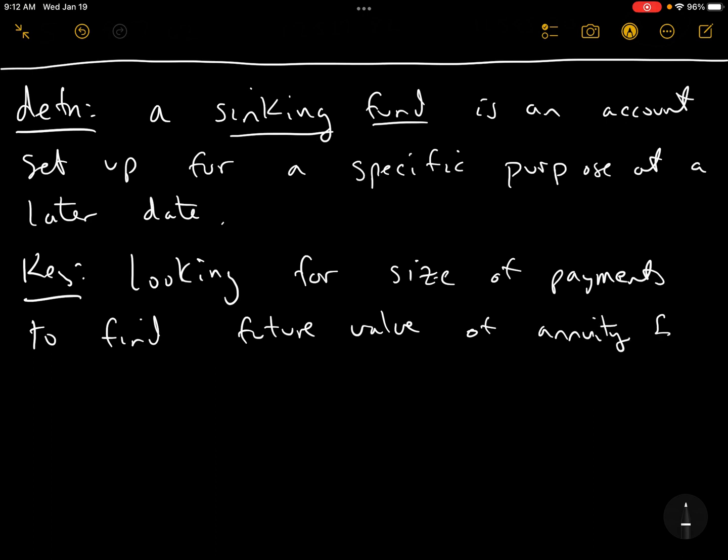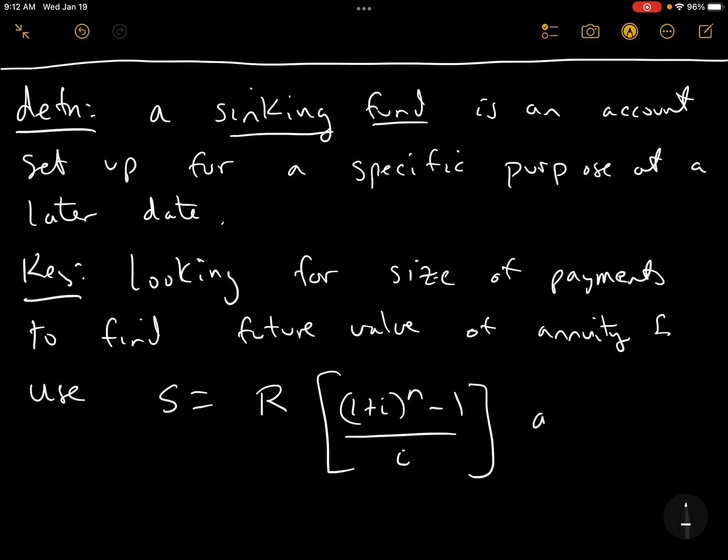And so instead of using the present value formula, now we use the future value, which says S equals R times (1 plus i to the n minus 1) over i. And here we solve for R. Okay.